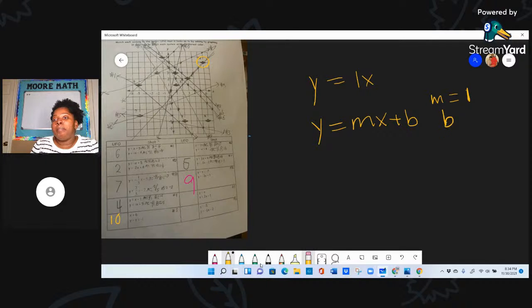If I don't see a b, what is b? No, only your slope can be undefined. Your y-intercept is not going to be undefined.